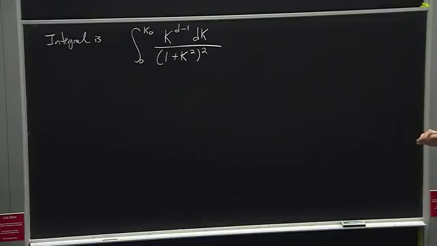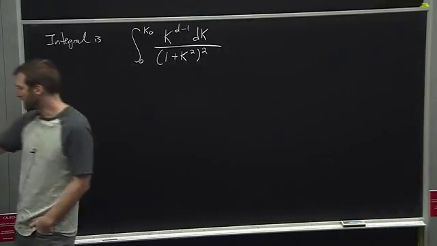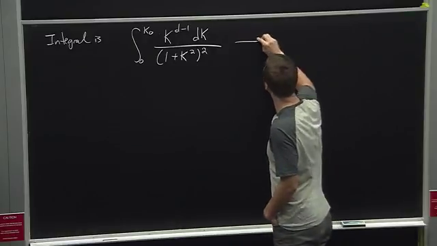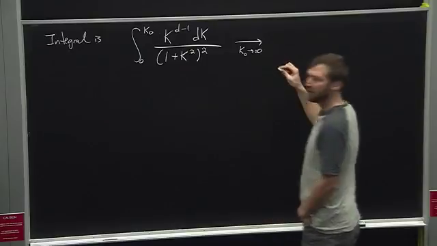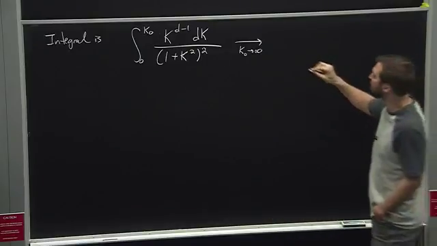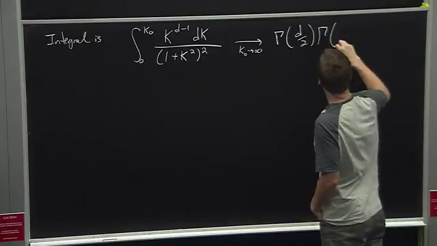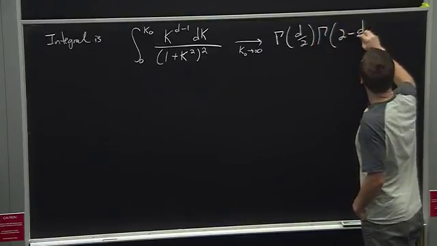So for general dimensions, you can just evaluate that integral in the case where this upper limit tends to infinity. Then this is just the product of gamma functions. D minus 2 minus d over 2.